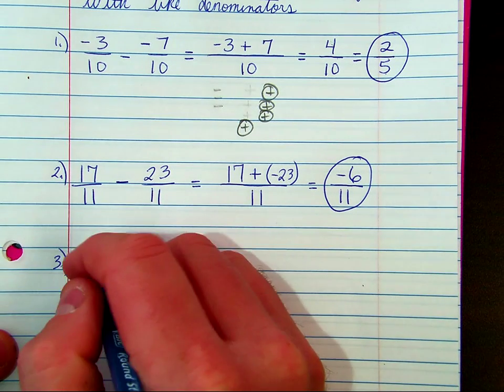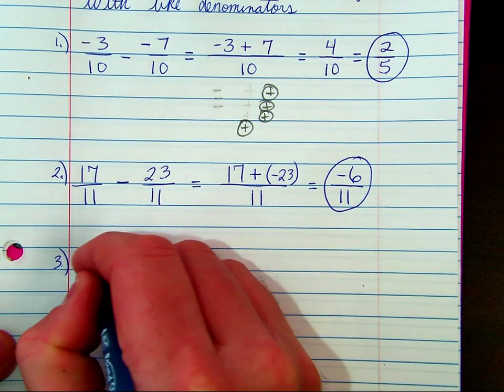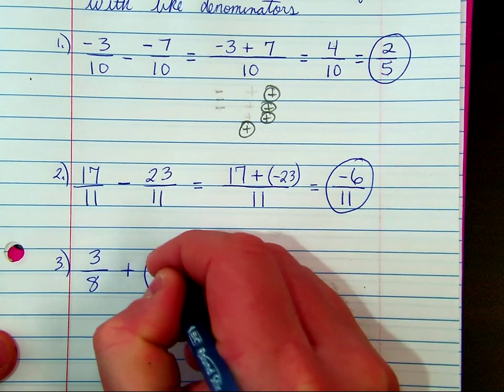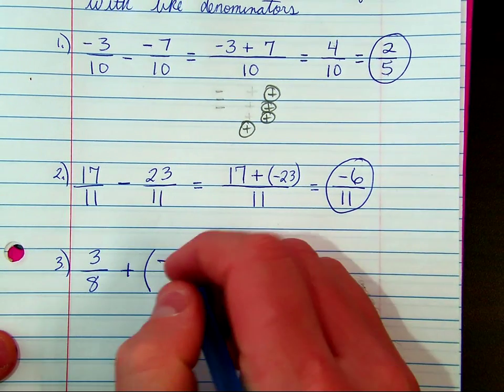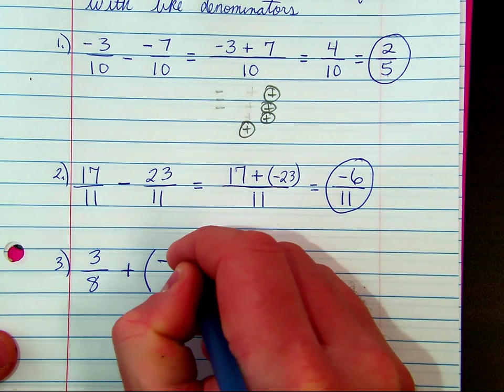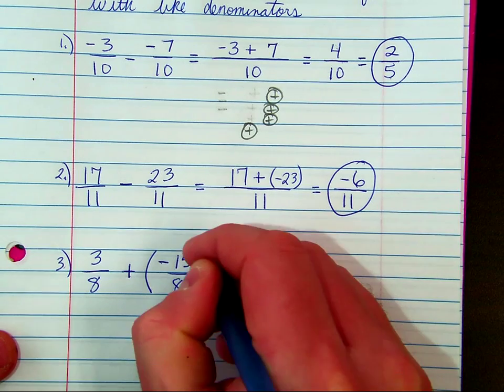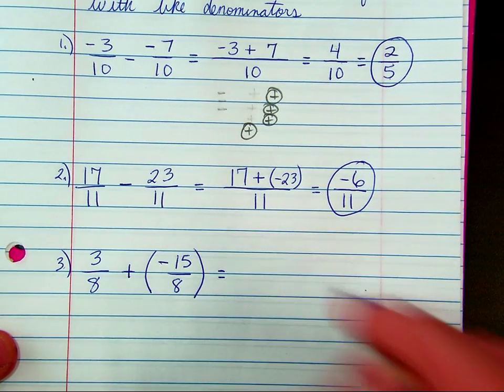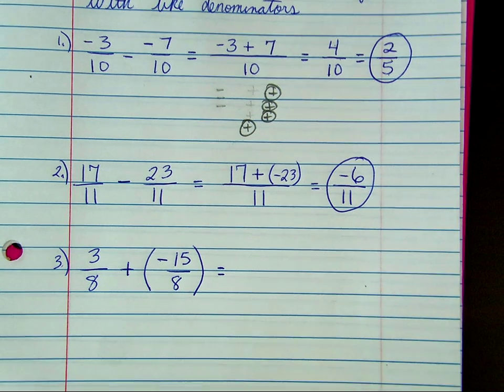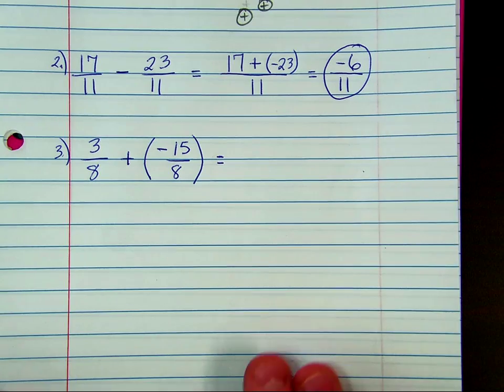All right, let's do 3/8 plus negative 15/8. So we have 3/8 plus negative 15/8.